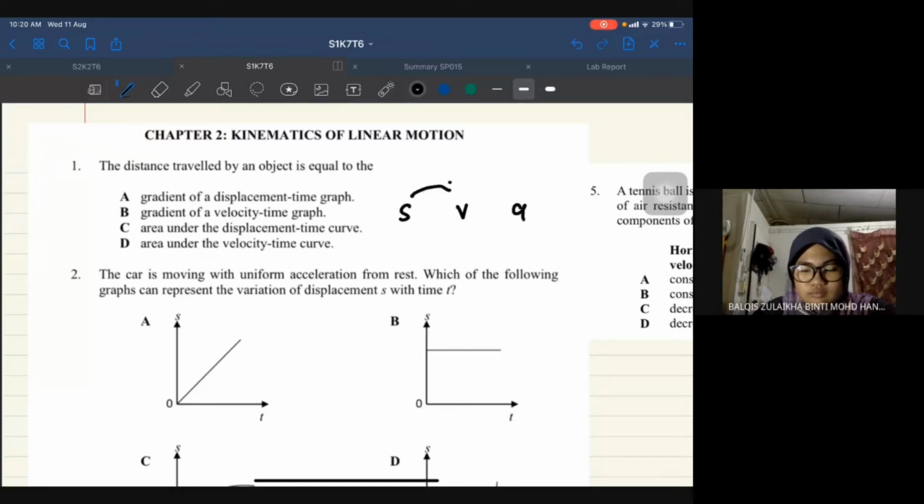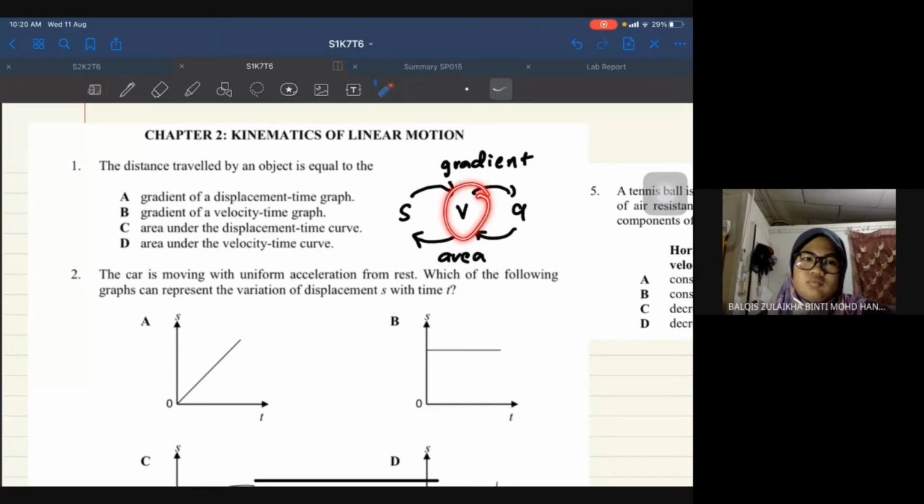So if you want to find in this direction, it will be a gradient. If you want to go back, it will be area in the graph. So the answer would be D, area under the velocity time graph. So if you have the velocity time graph, the area under the graph would be the distance.